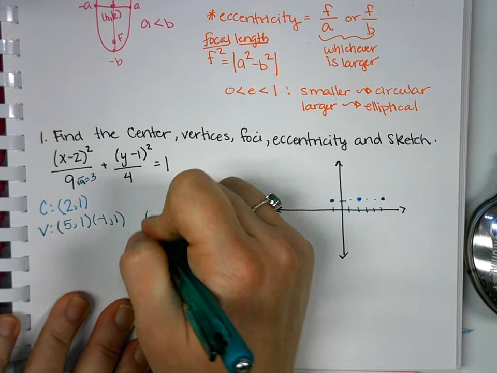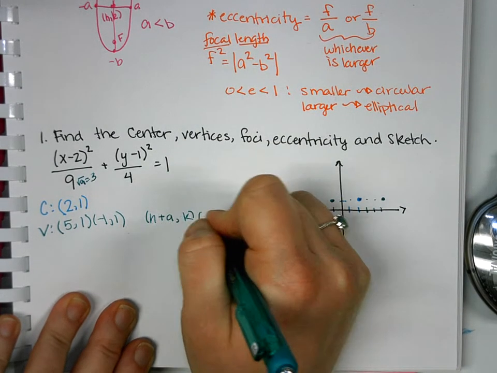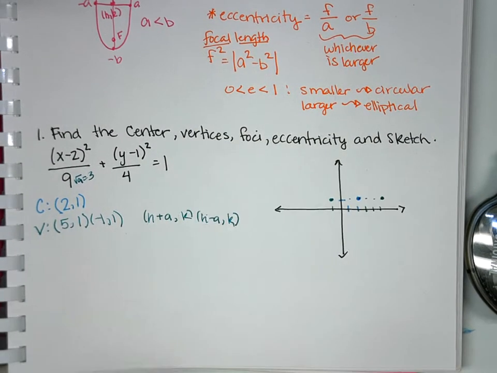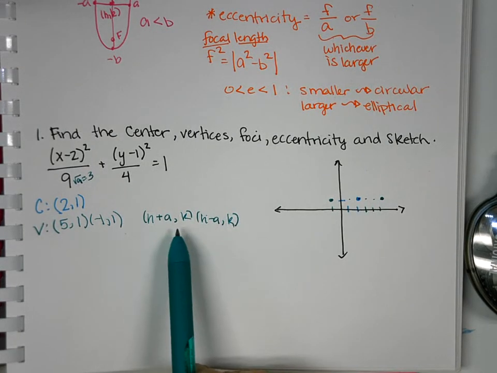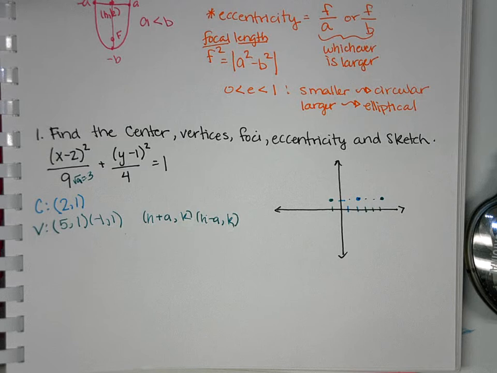So h plus a, k, and h minus a, k. If it goes vertically, then we would have had h, and then we're adding b to the k value and subtracting b from the k value. Or you can just plot them knowing that it's this distance of 3, and then read the ordered pairs from there.